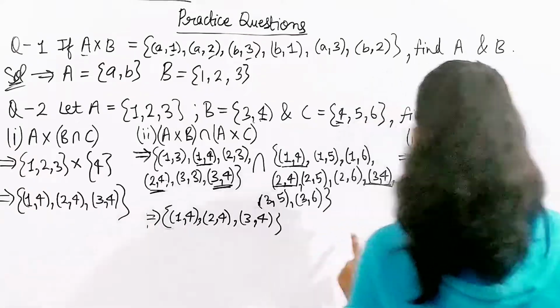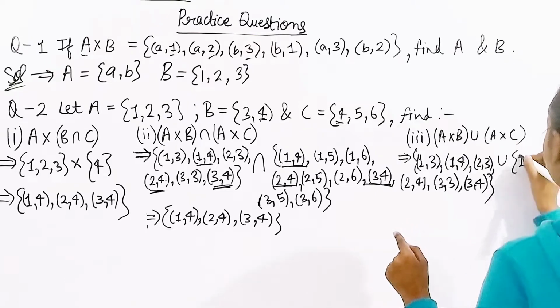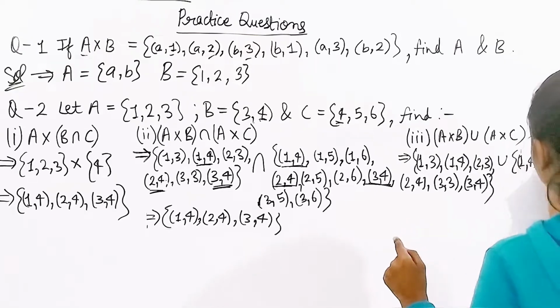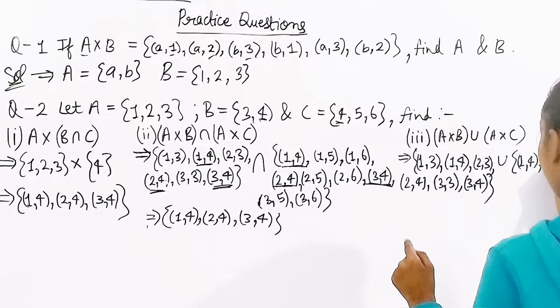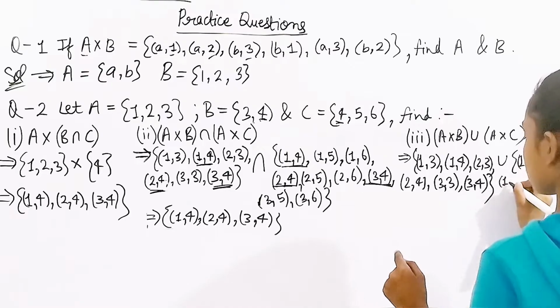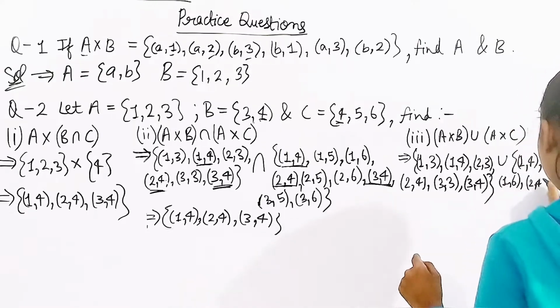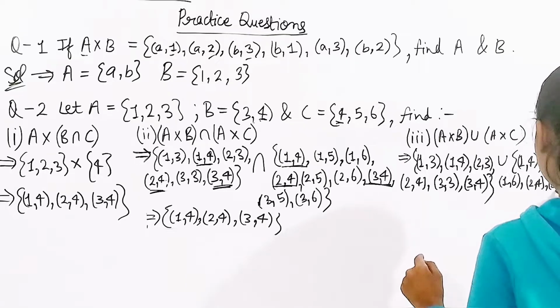And this brace closes. Now union: 1, 4, 1, 5, 1, 6, 2, 4, 2, 5.